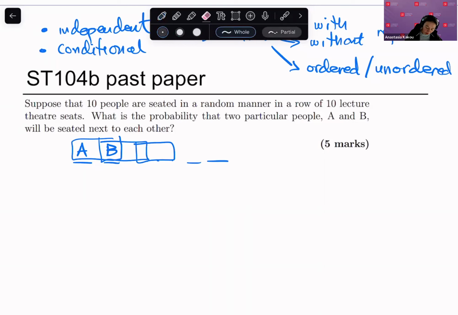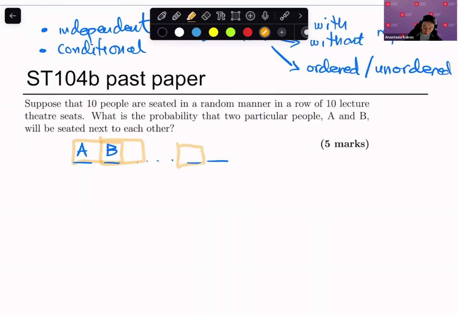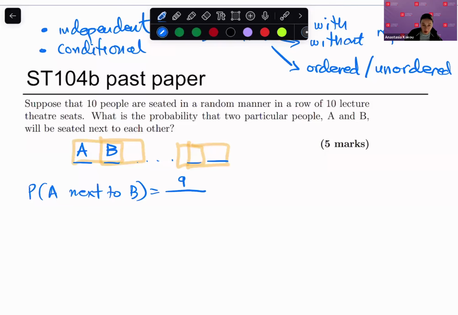So that simple diagram helps you visualize the kind of problem you have. All right, so probability of A next to B is just 9 possible positions, and that will be the favorable outcomes. And the total number of outcomes is 10 choose 2, and that will give you a fifth.